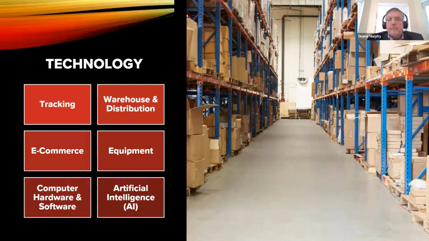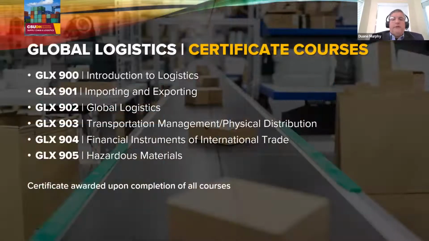Let's review the individual courses. The first course is Introduction to Logistics, where we discuss the overview, where logistics is and where it's heading. The second course is Importing and Exporting, where we go through in detail all of the importing and exporting processes.